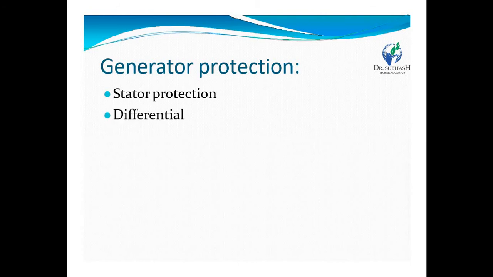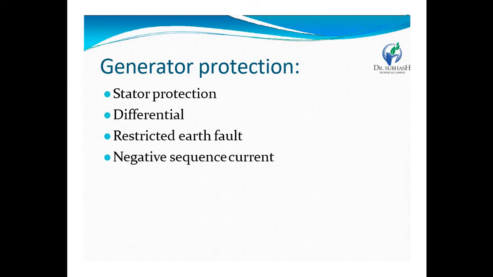The schemes are differential protection, restricted earth fault protection, negative sequence current protection, and loss of load protection, which detects sudden cutoff or sudden disconnection of the load, which is very risky for the generator. So loss of load protection will judge a particular load and will alarm or be sensitive to the generating system.